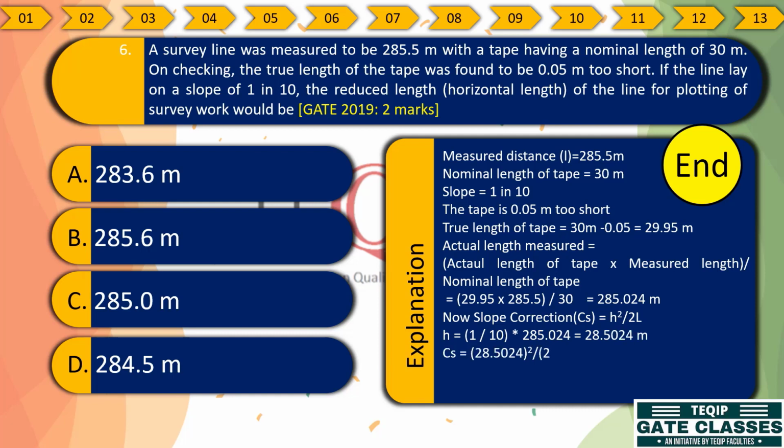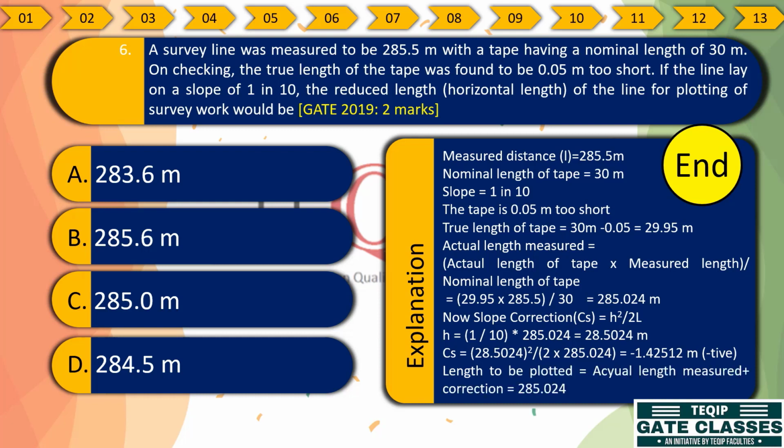So the actual length measured is equal to the actual length of the tape into the measured length divided by the nominal length of the tape. After putting in the values, we get 285.024 meter.